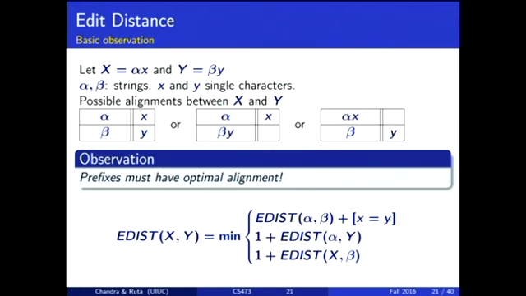There are three possible cases. I don't know which of these is actually true, but these are the only three possible cases: I align x to y, or I delete x, or I insert y. And then once I figure that out, I have to recurse on the smaller problem, because finding the best edit distance between x and y, where I align the small x to small y, is to pay 1 if they are different, and then optimally align alpha and beta, right?